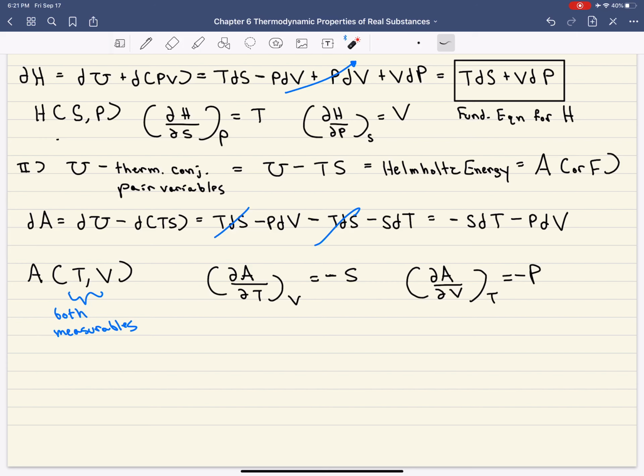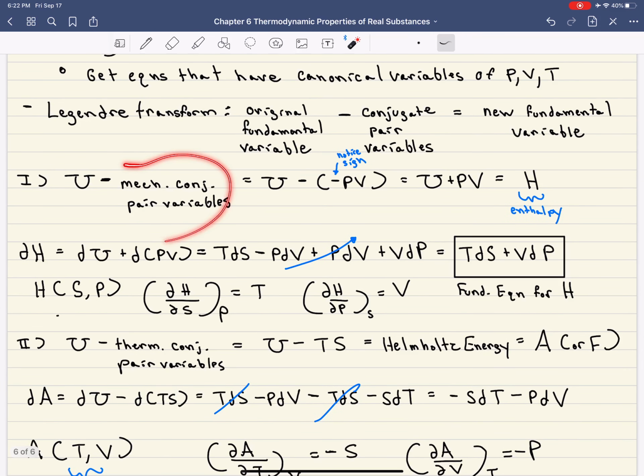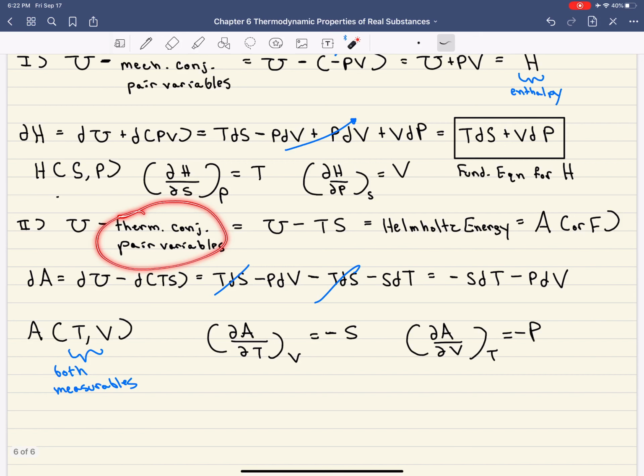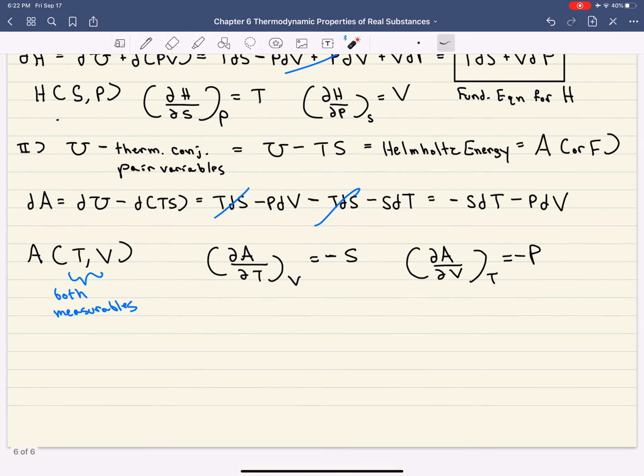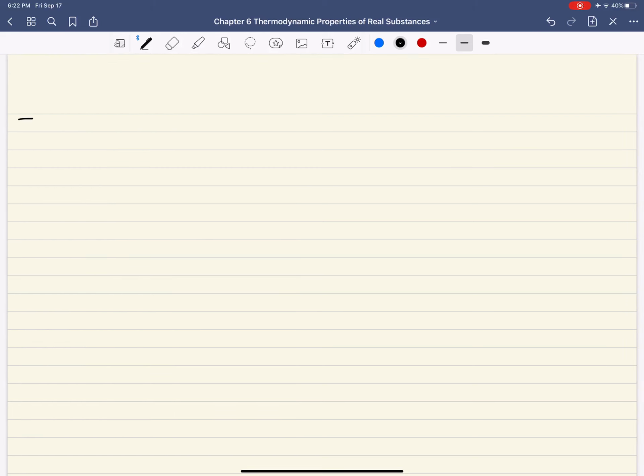Okay, now let's extend this even further. For enthalpy, we subtracted off the mechanical conjugate pair variables. For Helmholtz free energy, we subtracted off the thermal conjugate pair variables. And so the obvious next step is to just subtract off both. Okay?